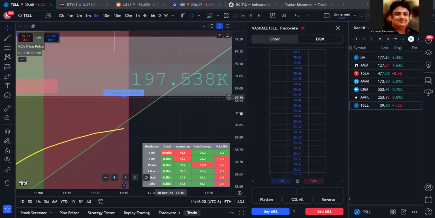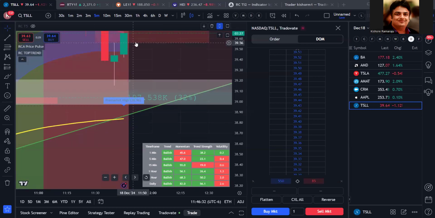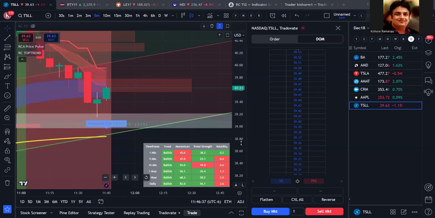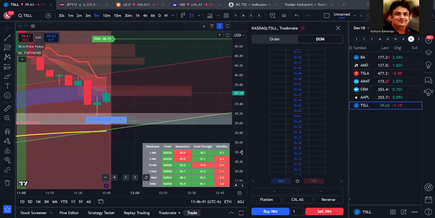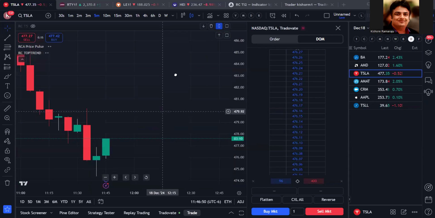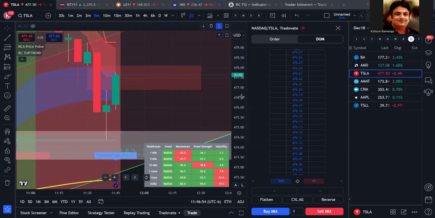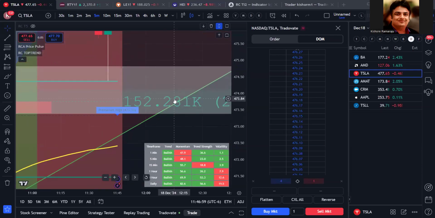It is nearly 197,000 buy orders. One 52,000 buy orders.